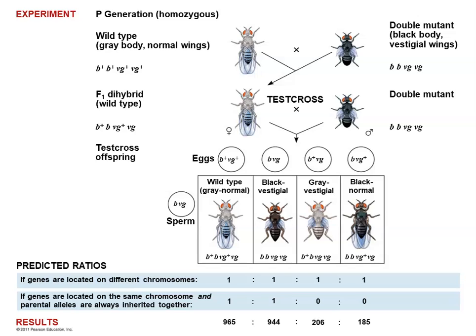If they happen to be linked, genetically speaking, we would only expect to see the parental phenotypes, all wild type or all mutant. And when the data was collected for this particular cross with fruit flies, we do see that it was majority wild type phenotypes expressed, but there was a small portion of the non-parental phenotype expressed, where you had a combination of wild type and mutant alleles.